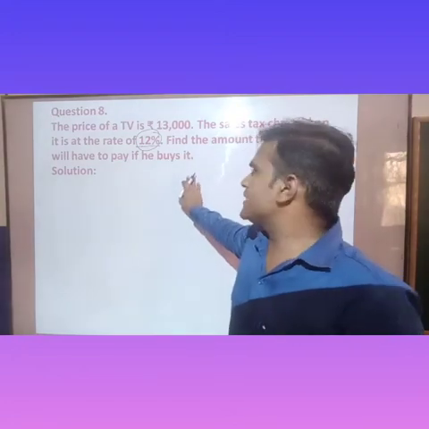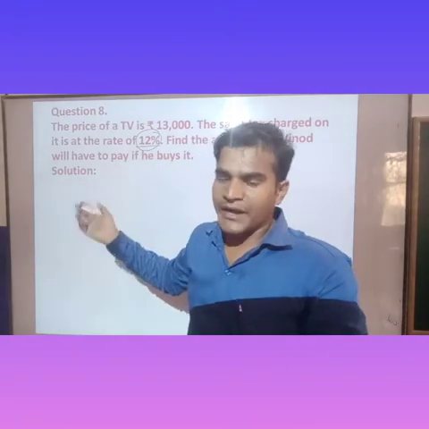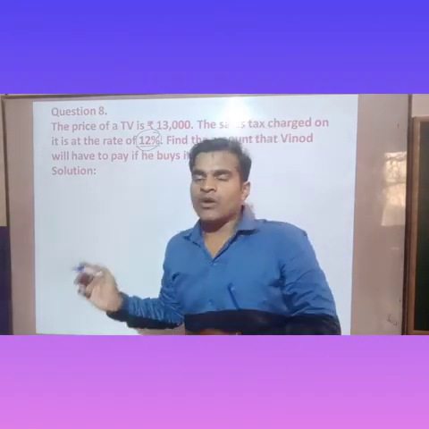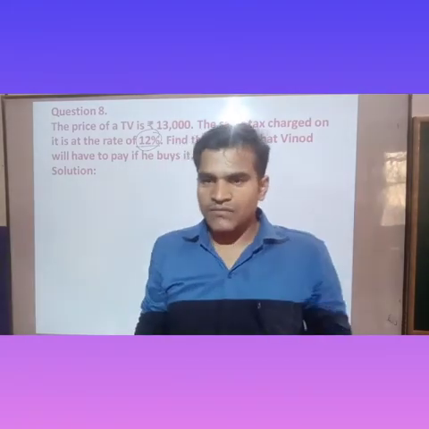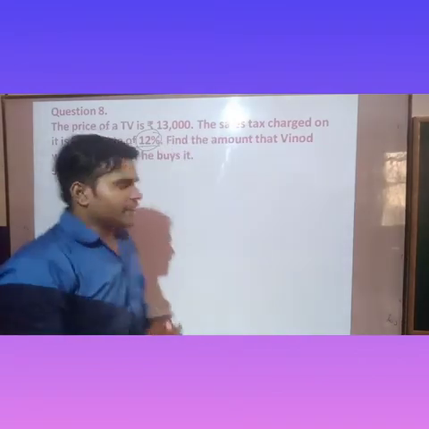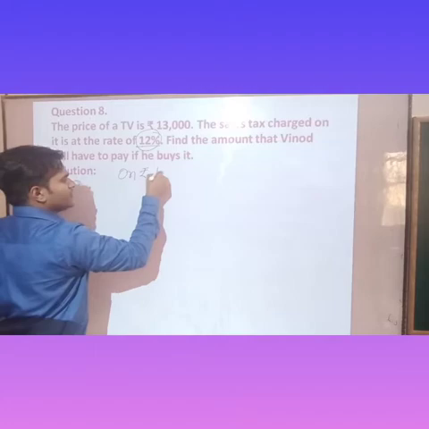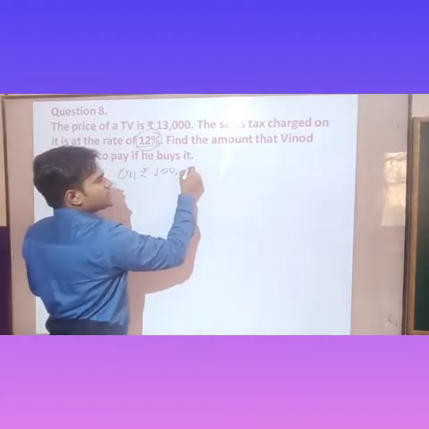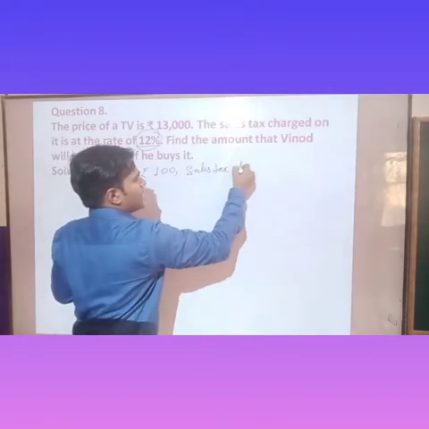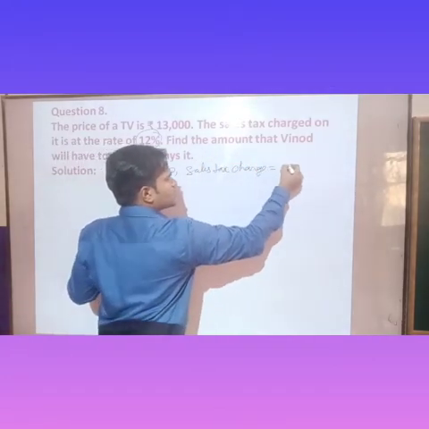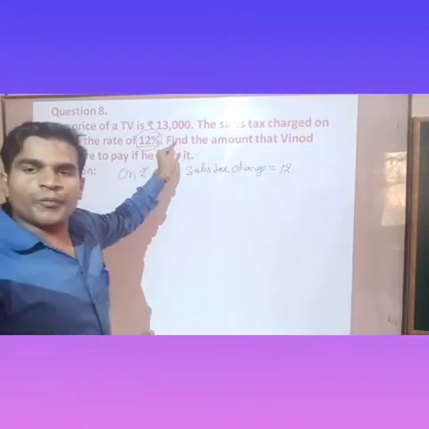So children, the sales tax charge is 12%, means 12 rupees per 100. What you will write there is: on rupee 100, the charge, means sales tax, is equal to rupee 12. 12% means 12 rupees per 100.